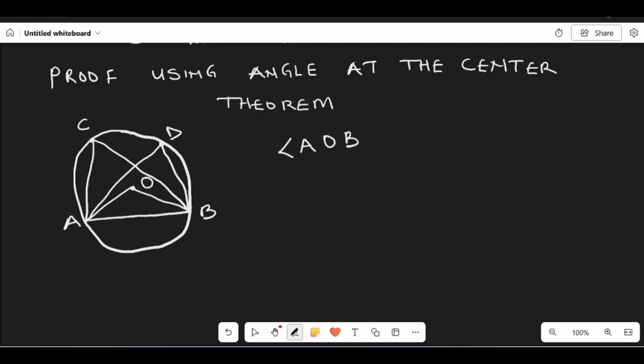Now, from the angle at the center theorem, we know that angle AOB equal to 2 multiplied by angle ACB.